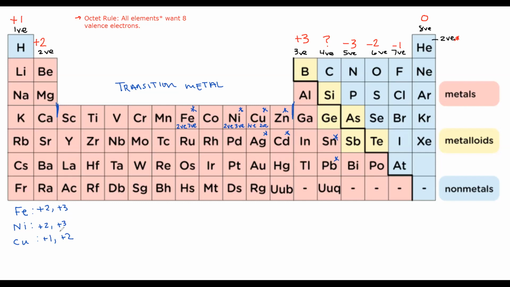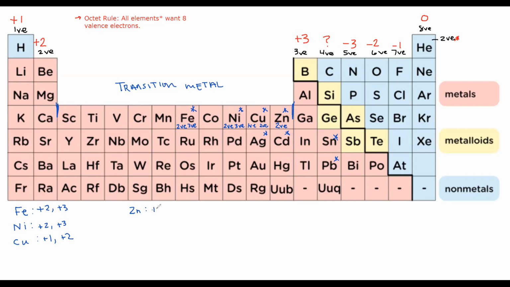So these are the transition metals that we see most commonly in our course with multiple charges, and those are the most common charges. But I have a few more starred here. Now, zinc, cadmium, and silver, even though they are transition metals, can actually only have one valence electron configuration. So zinc can only have 2 valence electrons.